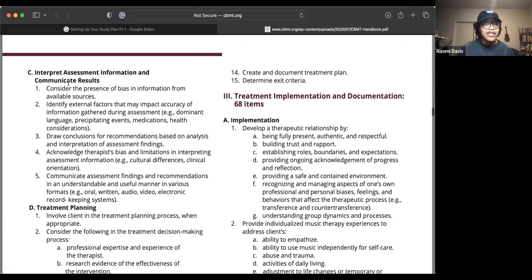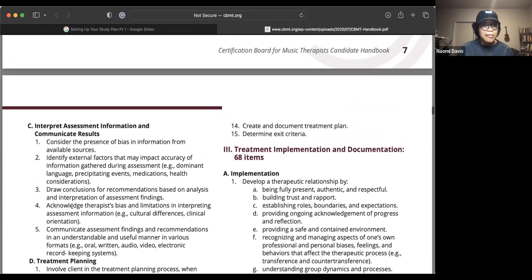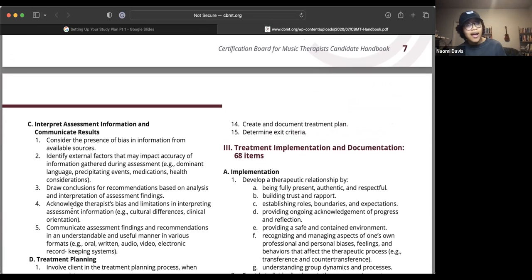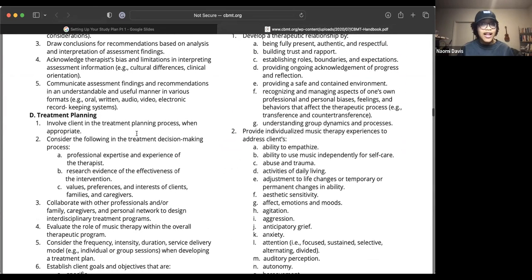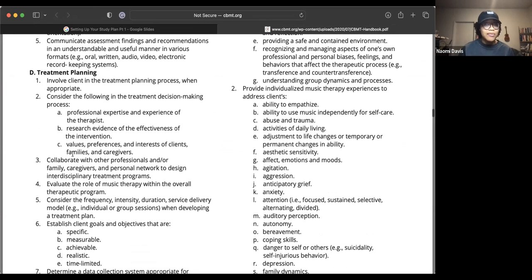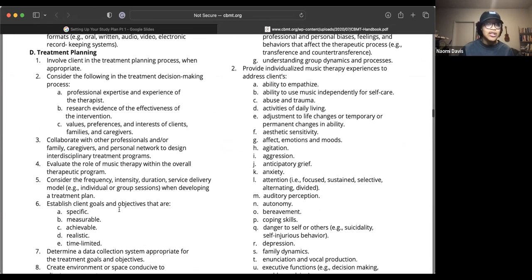It breaks down specific things about each element of the treatment planning and assessment process that the CBMT believes you should know. Things like involving the client in the treatment planning process when appropriate, collaborating with other professionals, and establishing client goals and objectives that are SMART: specific, measurable, achievable, realistic, time limited.